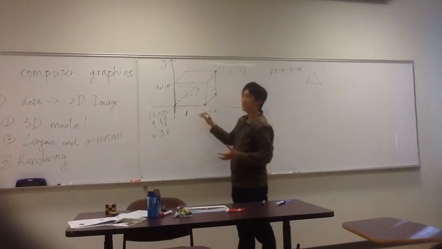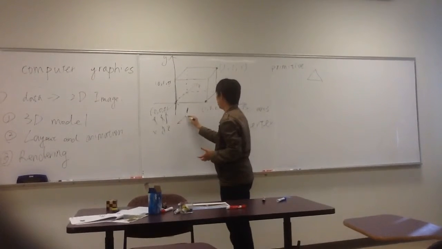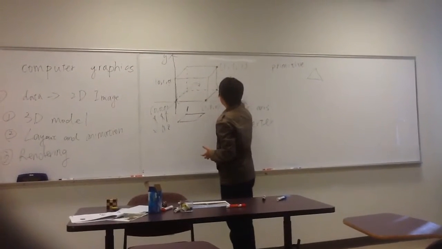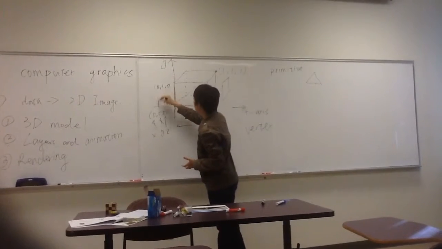As you can see, there are 6 faces here, which we can draw. There's a bottom face, there's a right face, and here we also have a face.